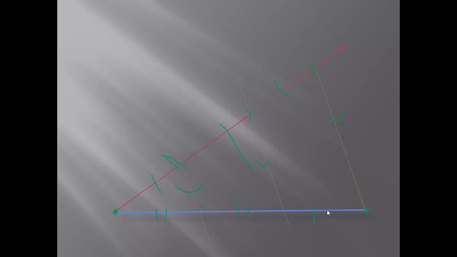This can also be done for pretty much any splitting of a line segment into equal parts. We could do the same thing for 5, 6, 7, 8, 9, 10 in construction.